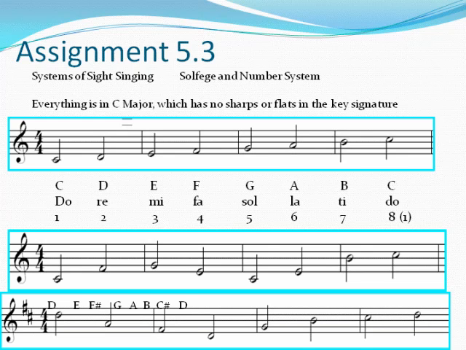And in these two systems, a scale, in our case, we are just thinking about major scales, the major sound of the major scale, each degree of the major scale is assigned a syllable in solfege.